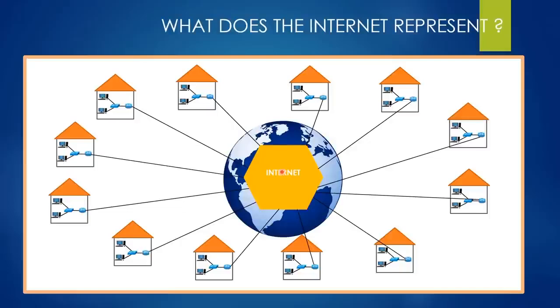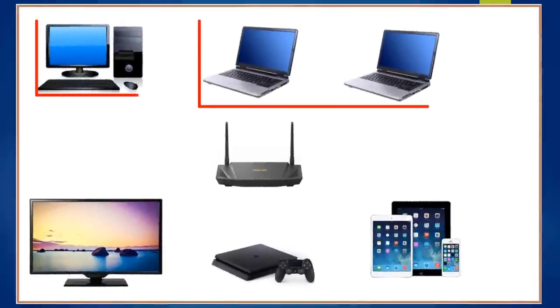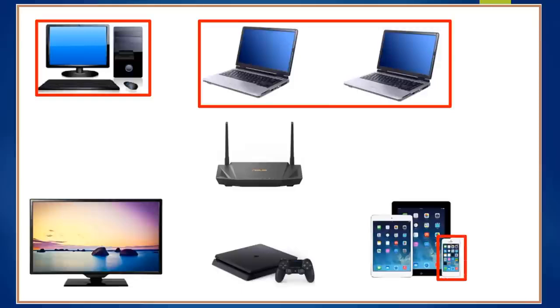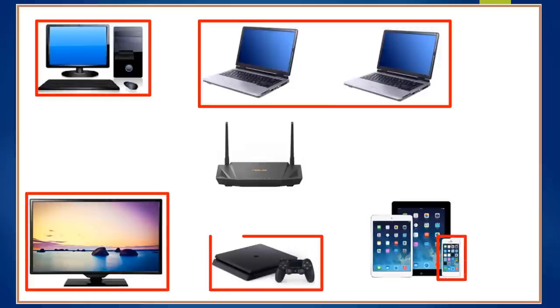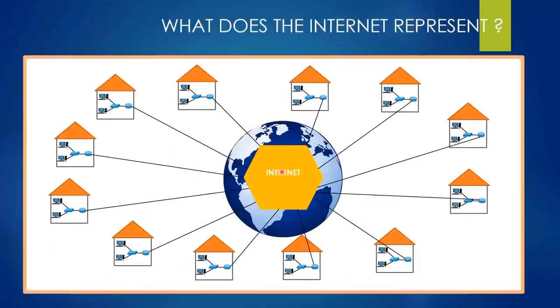Firstly, think about your own home. Maybe you have a lot of devices that can connect to the internet. For example, computers, mobile phones, televisions, game consoles, tablets, and many more. Similarly, most people have many devices with an internet connection in their home just like you, right? In the same way, you can think about a company or an enterprise that has a huge number of devices, and you know that there are many companies and enterprises all over the world.